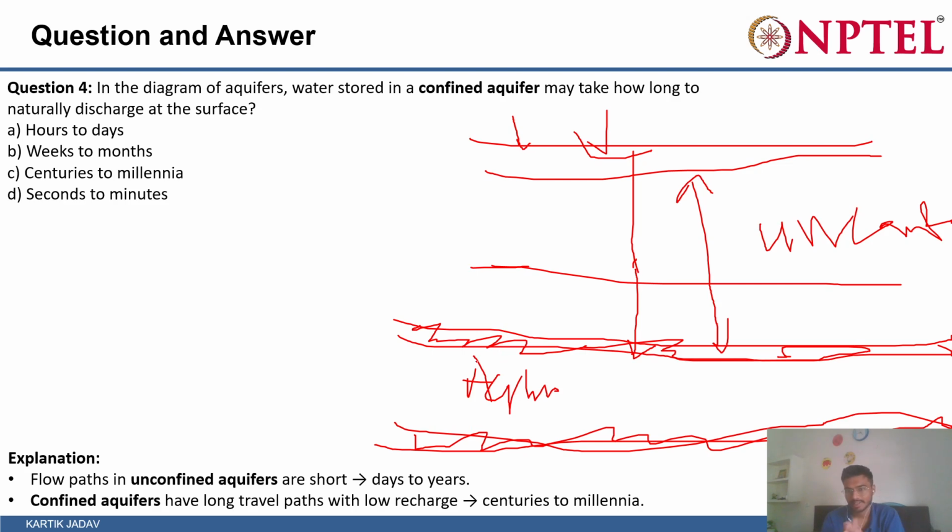This confining bed is either aquitard kind of structure or aquiclude, which either does not allow water to move or allows it at a very slow rate. Recharge for this kind of aquifer takes much longer time as compared to unconfined aquifer, in the range from century to millennium. Correct answer is option.